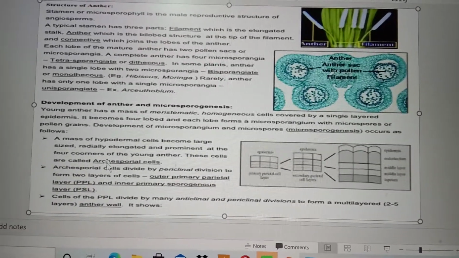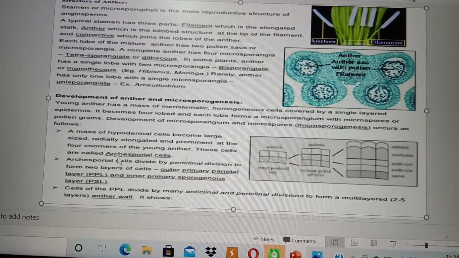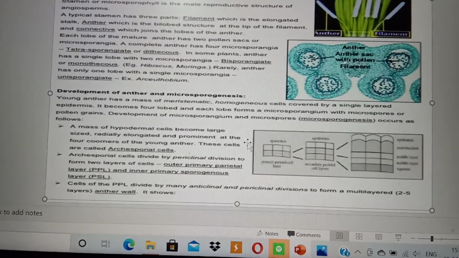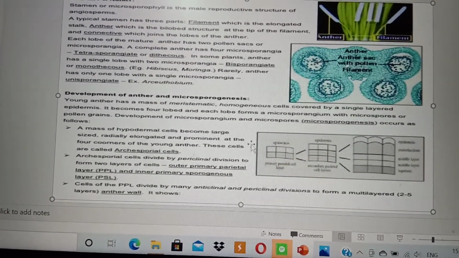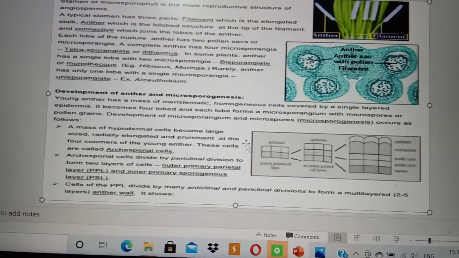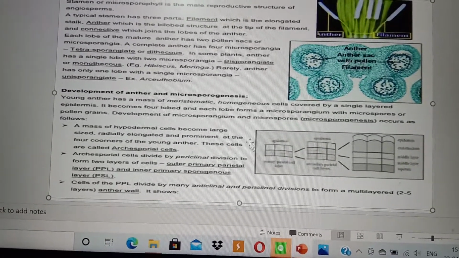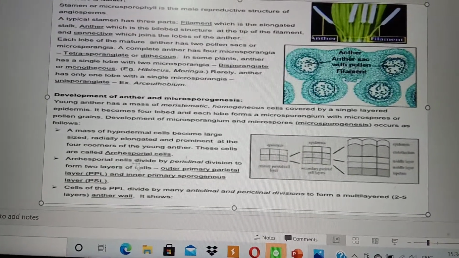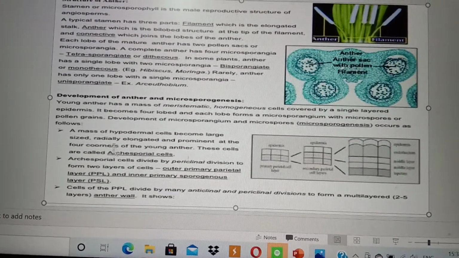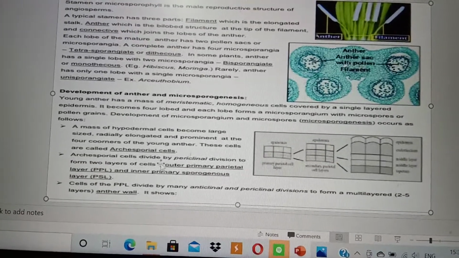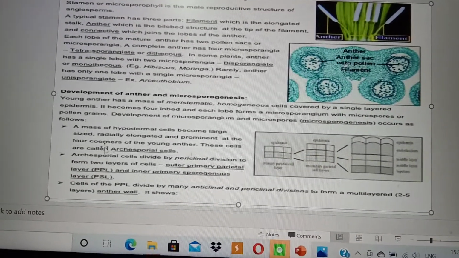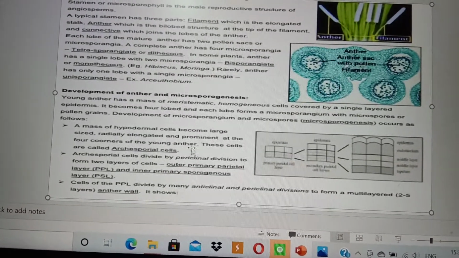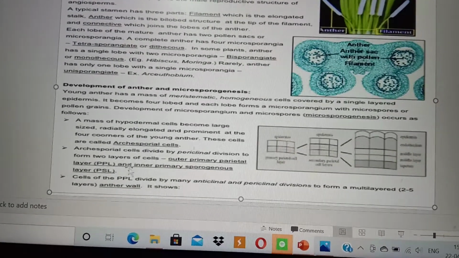So we can say when we have a young anther, it will have 4 distinct cells at its 4 corners, which will further lead to the formation of the pollen sacs. These are called the archesporial cells. Cells which are destined to form the pollen sac are called archesporial cells, and they are differentiated hypodermally within the anther.